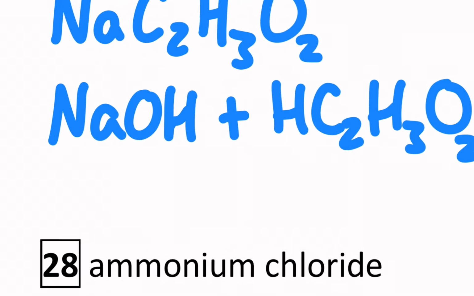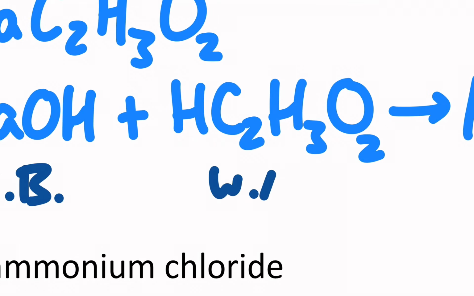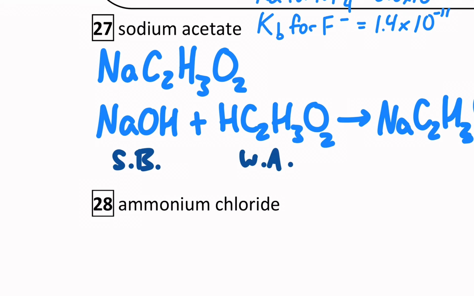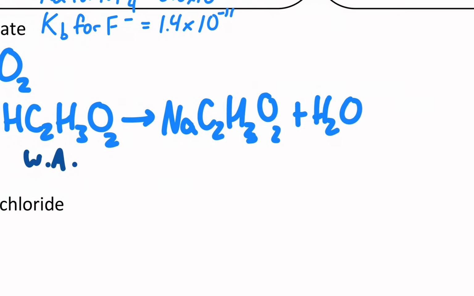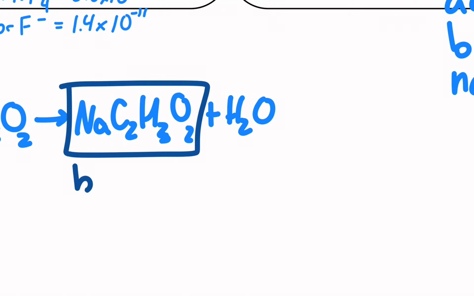If I label what's what, sodium hydroxide is a strong base, acetic acid is a weak acid, so my trick tells me that the strong part predominates when one of them is strong, so therefore sodium acetate should be basic.